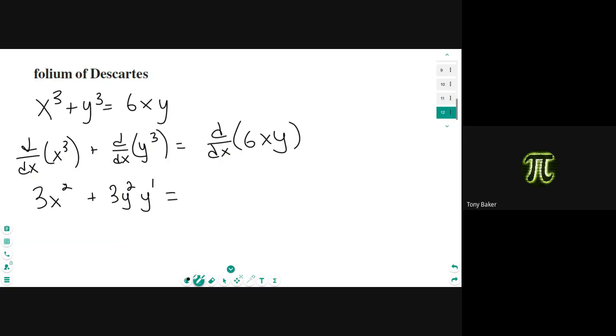You're multiplying. They're not constants. Y is not a constant. If it was any other letter, it'd be a constant. Y is not a constant. I have to do the product rule for this.